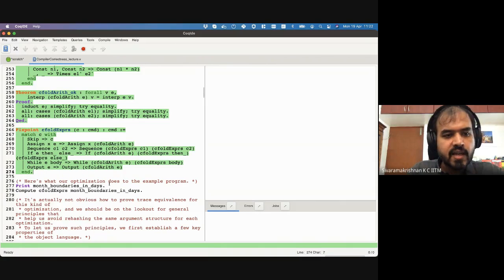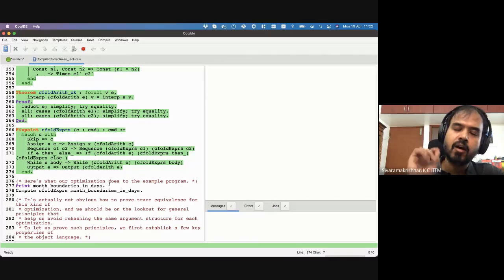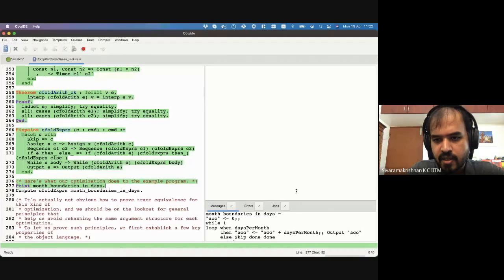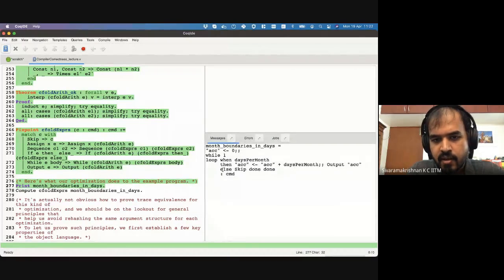So what is the effect of applying this optimization on our very simple program? We have the original program here, which is days per month. Again, you read this days per month as 7 times 28, sorry, 7 times 4. We have 7 times 4 here, 7 times 4 here.